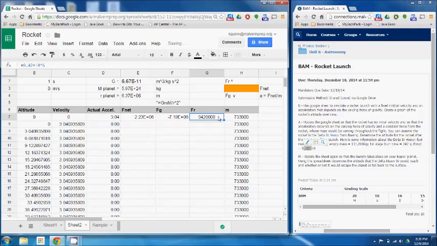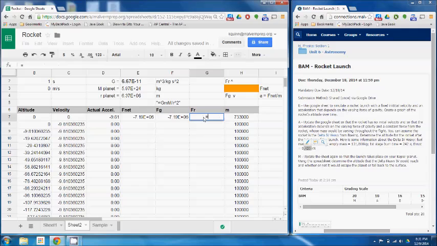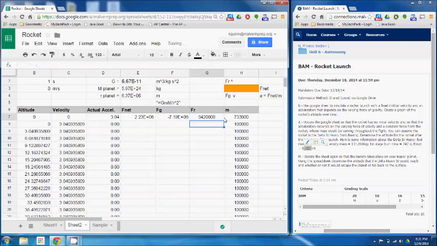There's our thrust. So now you'll notice that the net force is positive, not negative. Before I put this in, undo it, we had a big negative net force. Now we have a big positive net force, equals 9.42 times 10 to the 6th.